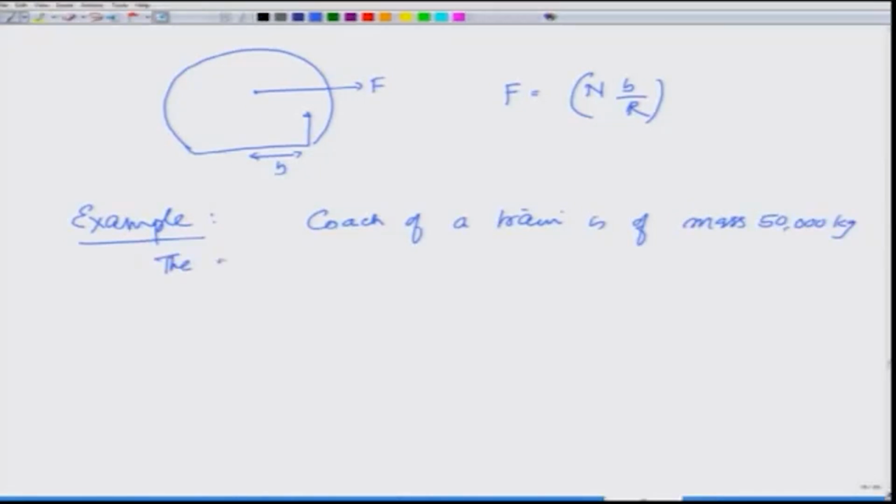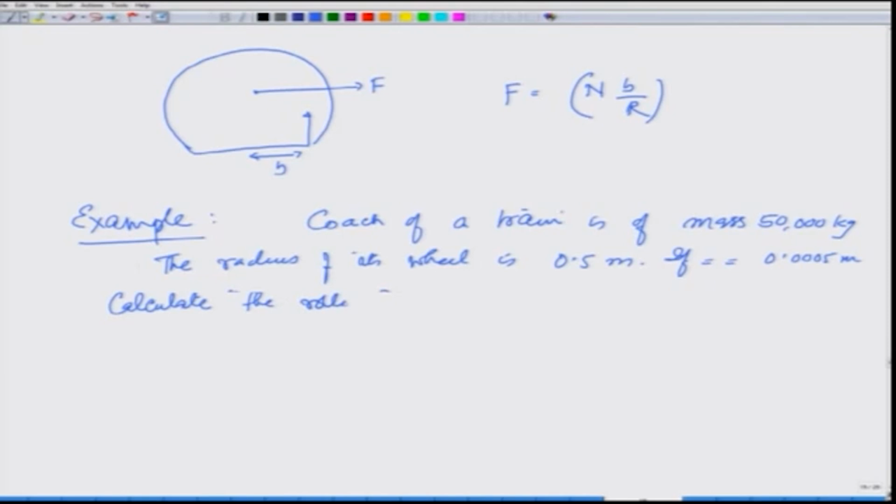The radius of its wheel is 0.5 meters. If B equals 0.0005 meters, calculate the rolling friction on the coach.